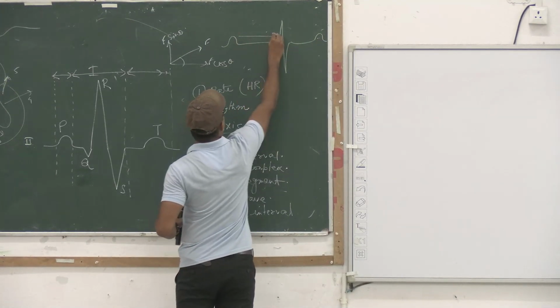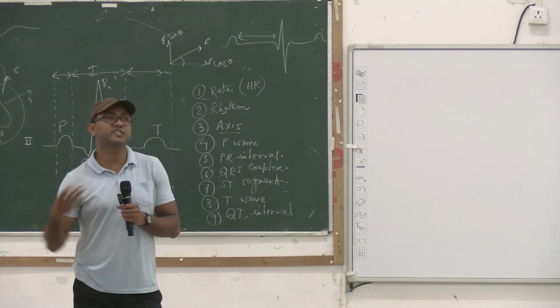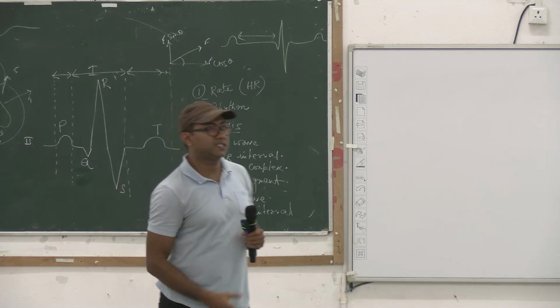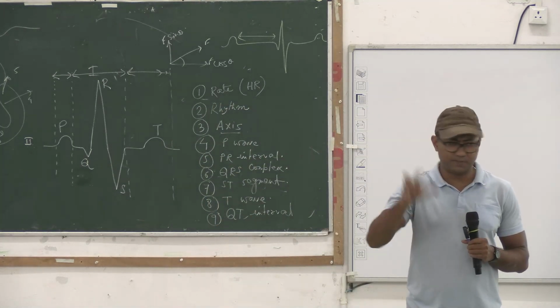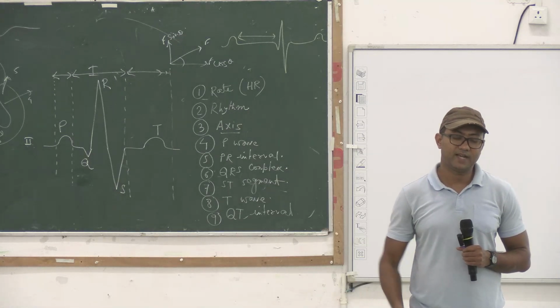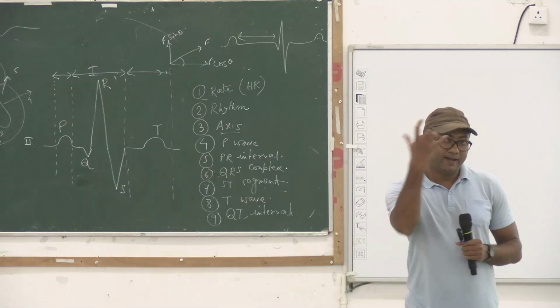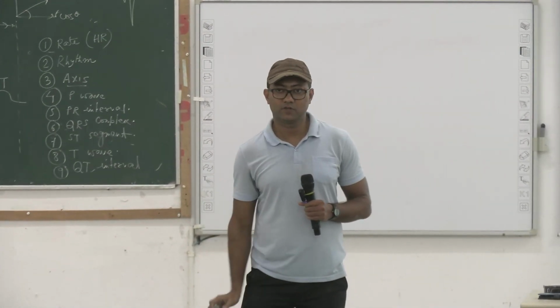This essentially means the depolarization wave is taking longer to reach the ventricle. So there must be some abnormality in between, at the level of the AV node or the atrioventricular junction, there is conduction block.